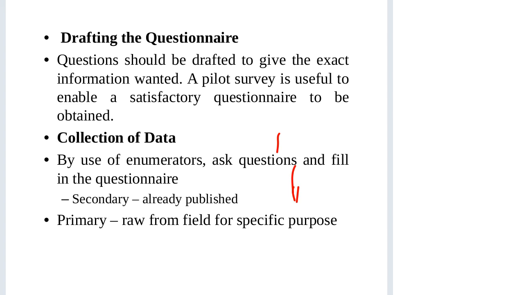The data that you are collecting will depend on whether it's primary data or secondary data. For secondary data, they already exist in published materials, and therefore the collection of secondary data may not be a big problem because you simply extract them from the published materials. Primary data are the raw data that you need to collect from individuals for the first time.